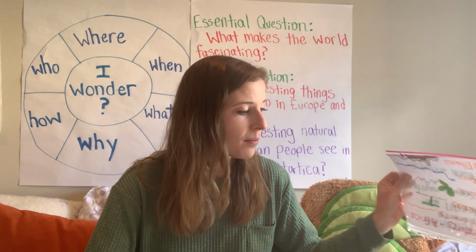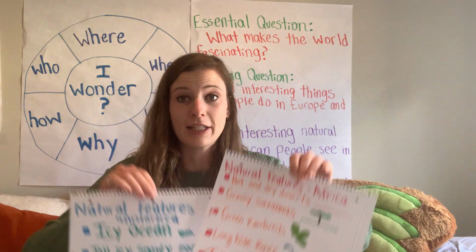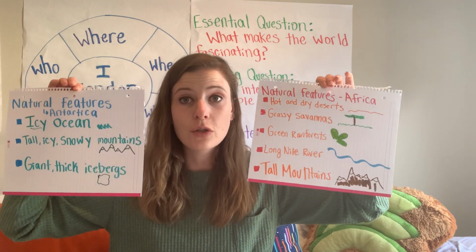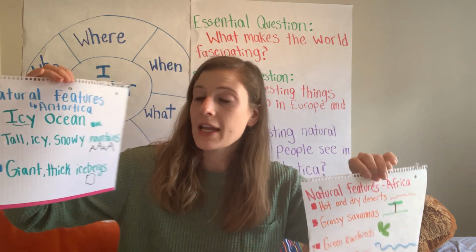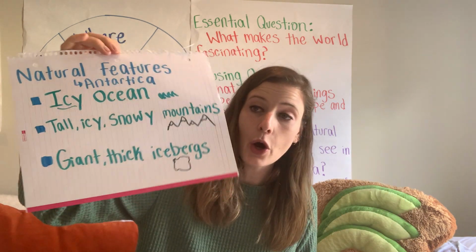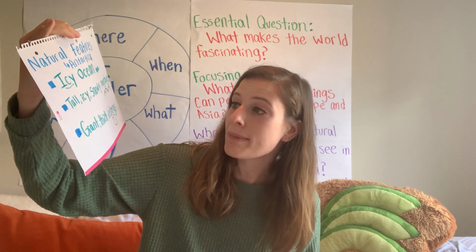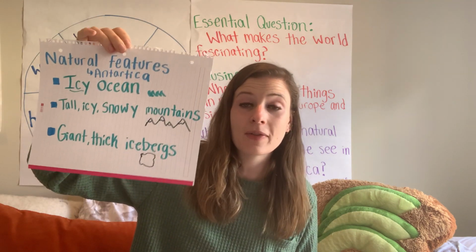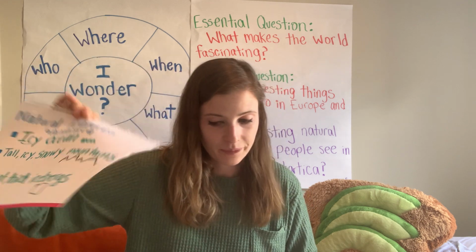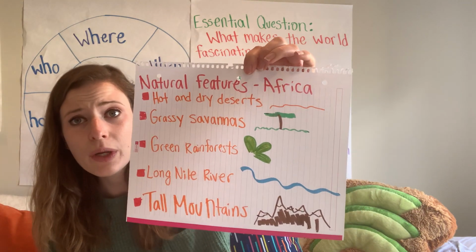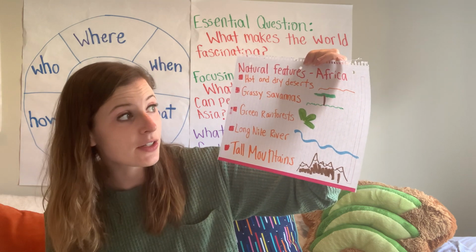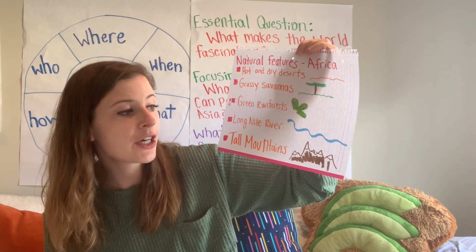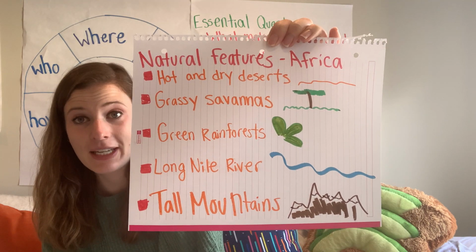So remember, we made these really neat evidence organizers the other day that tell us about all the natural features that those two books taught us about. So in Antarctica, we learned about the icy ocean, the tall, icy, snowy mountains, and the giant, thick icebergs, right? So those are some of the natural features in Antarctica. In Africa, we read about the hot and dry deserts, the grassy savannas, the green rainforests, the long Nile River, and the very tall mountains.